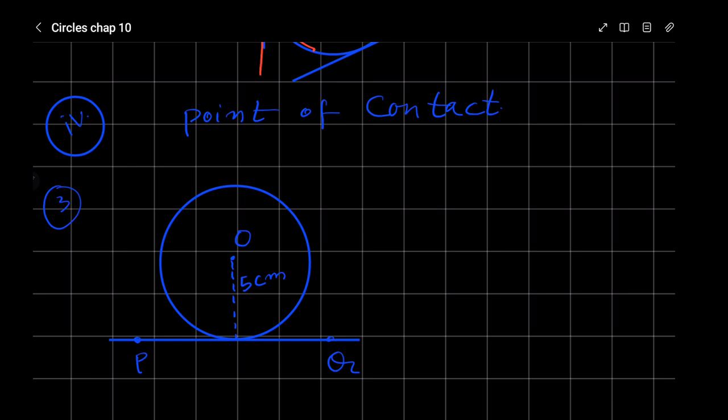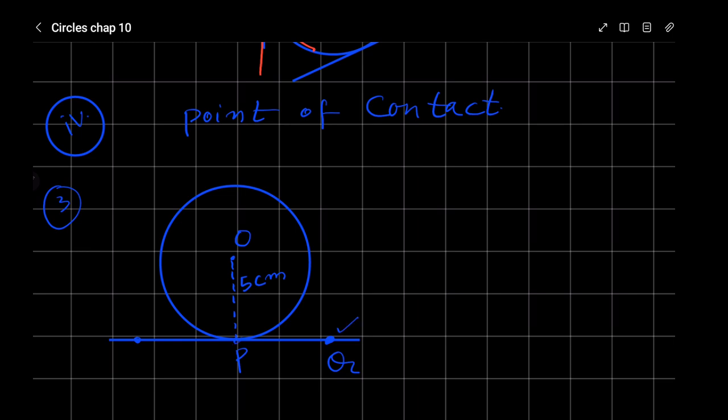So I'm again reading the question. A tangent PQ at a point P of a circle of radius 5. Basically, P is actually here, because P is the point of contact. And then Q is some point which is outside.